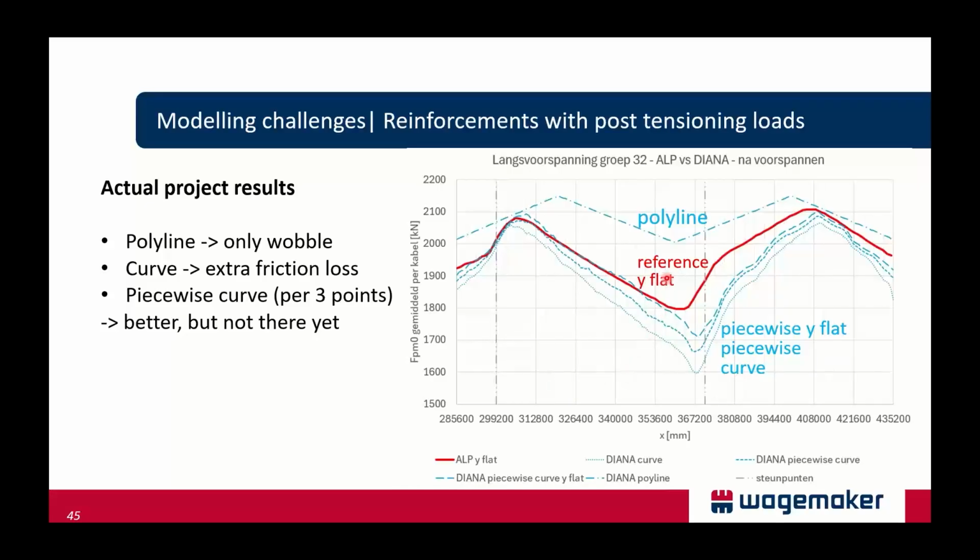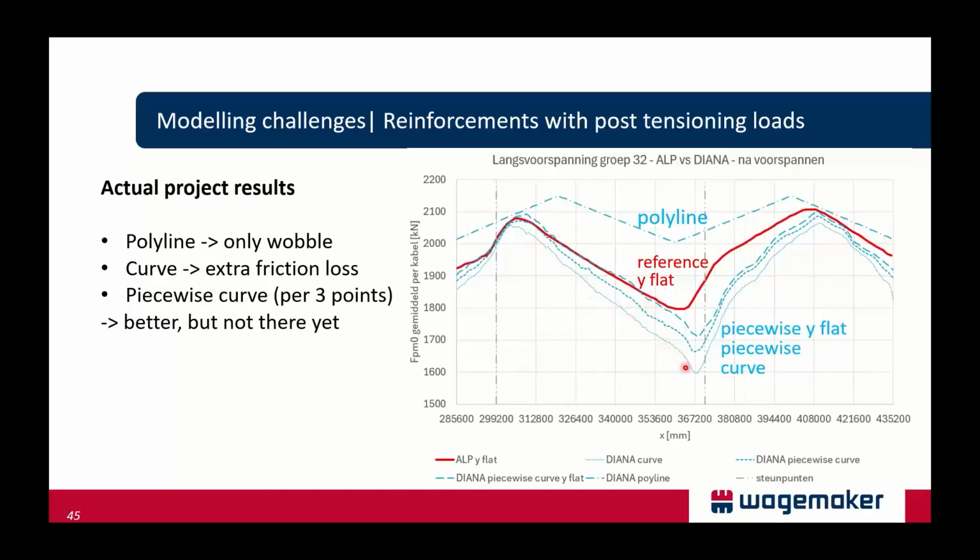And we see that in Diana, if we use a polyline, which was not included in the test model I just showed, but the polyline is piecewise straight, and if you have no continuous curvature in your cable, then Diana will not calculate any friction losses. It will just calculate the wobble effect.